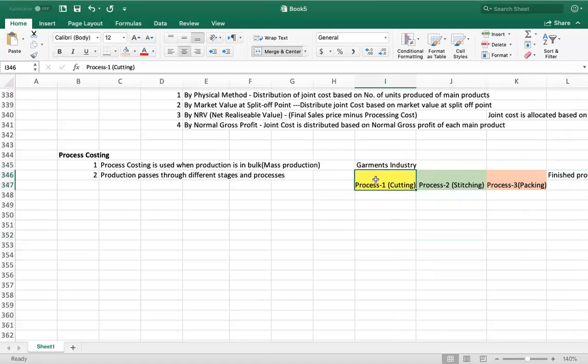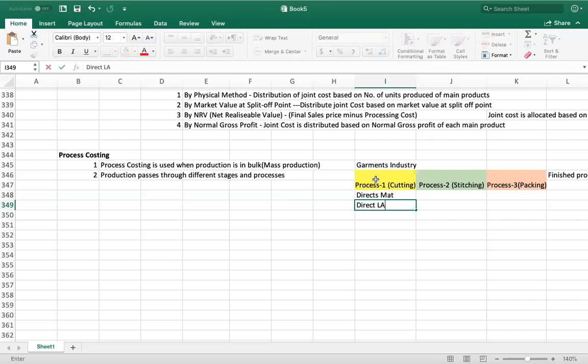So what we will do is see in the first process how much total cost is incurred, how much total cost is incurred in the second process, how much total cost is incurred in the third process, then it becomes your finished product. Okay? So in the first process, we will put some direct materials. Then we have direct labor. Then we have factory overhead.